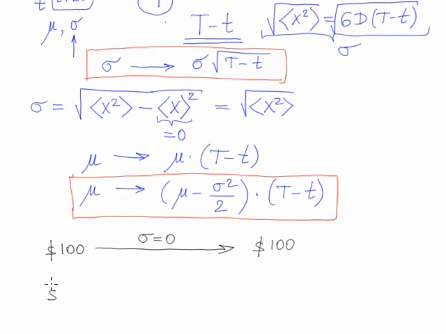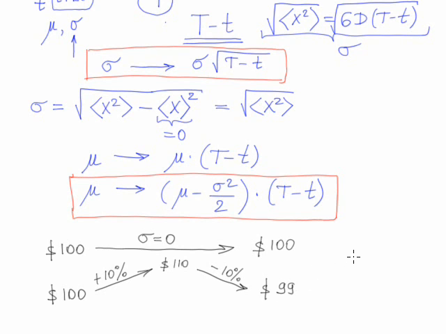But what if this stock first grows? So we have volatility. It grows first by 10% to $110, and then it goes down by the same 10%, and if we take 10% out, it's going to be minus $11, so $99.